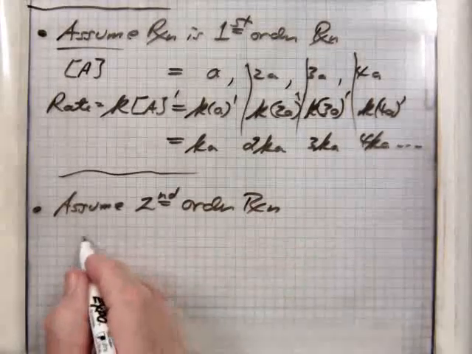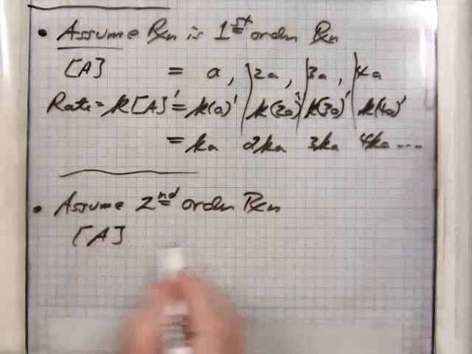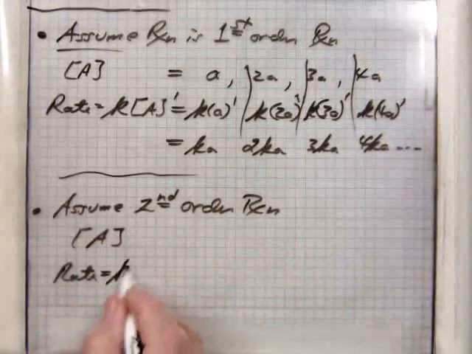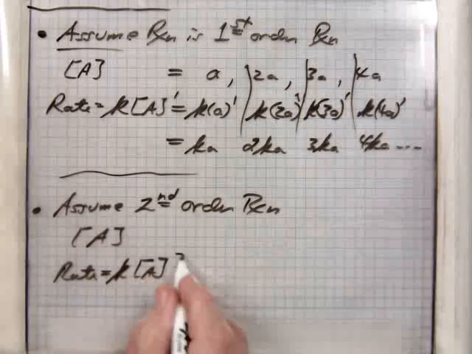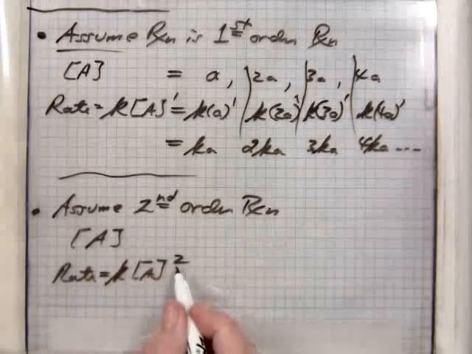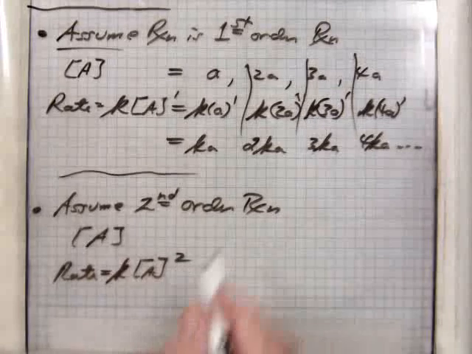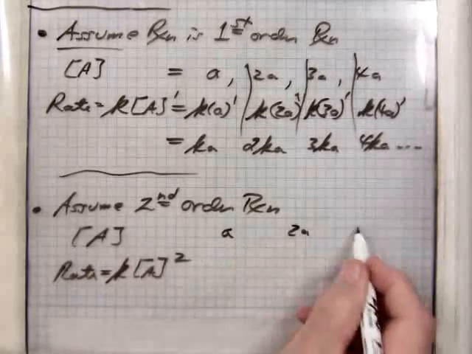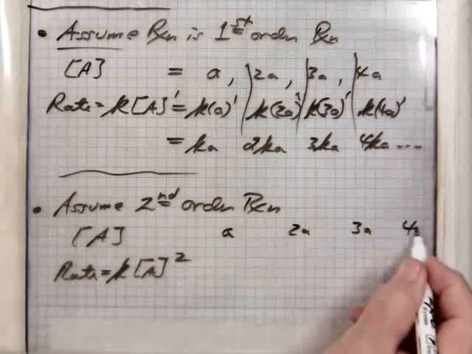In that your concentrations and then your rate equation, this time we're going to put an exponent of 2 on it. That's your rate trend. And we're going to go A, 2A, 3A, 4A.